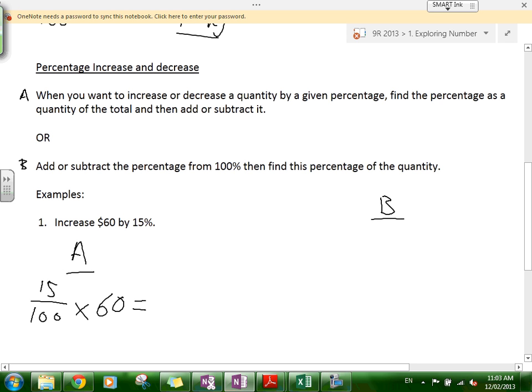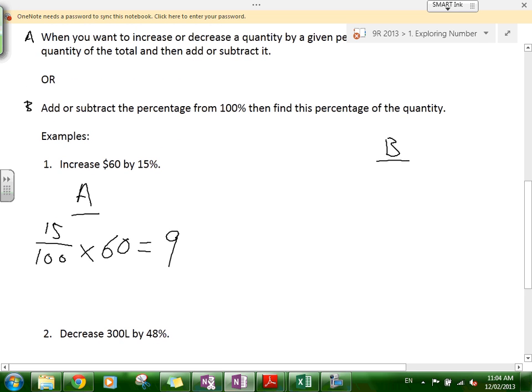That is going to be $9. 15% of 60 is $9. What we have to do is increase, so we add on the $9. So 60 plus 9 equals $69.